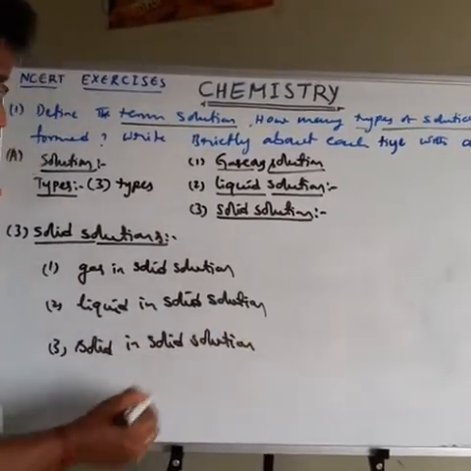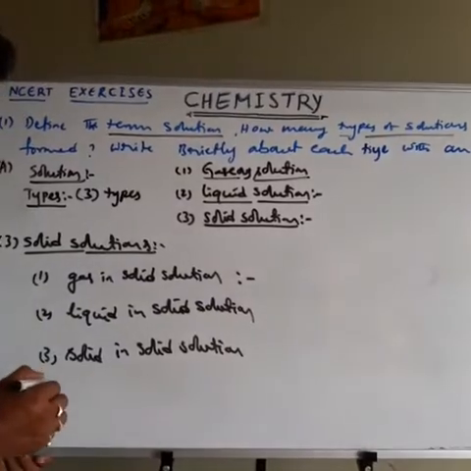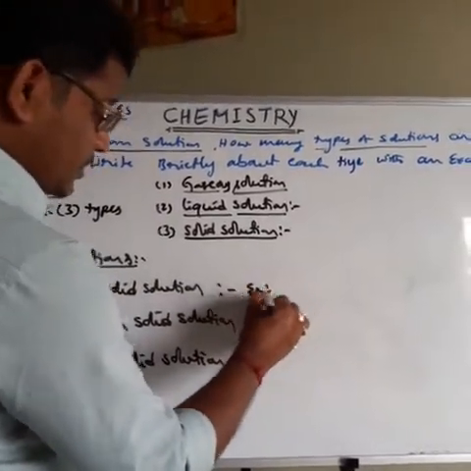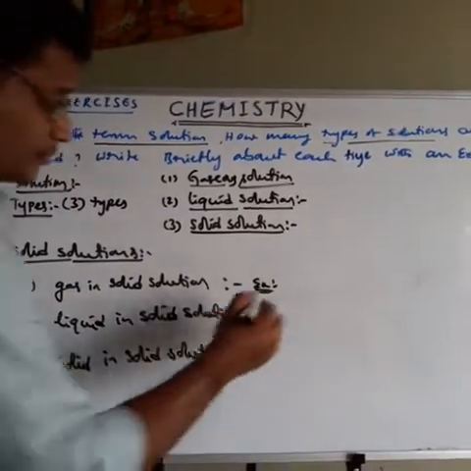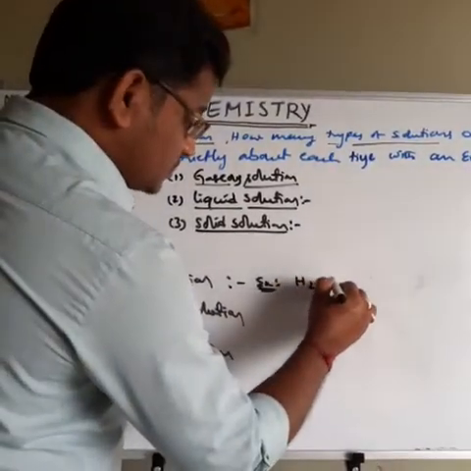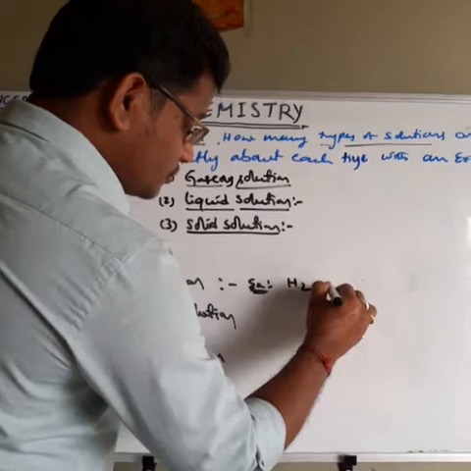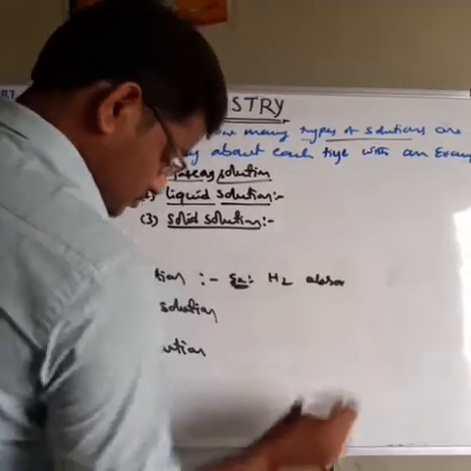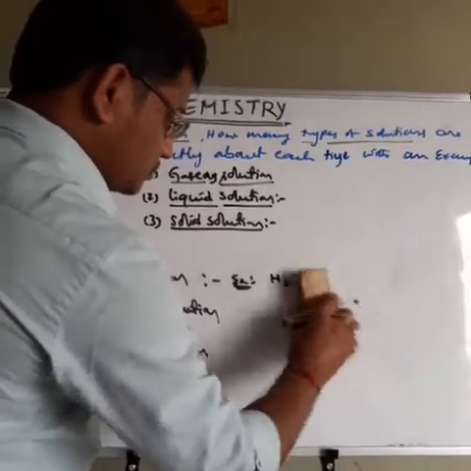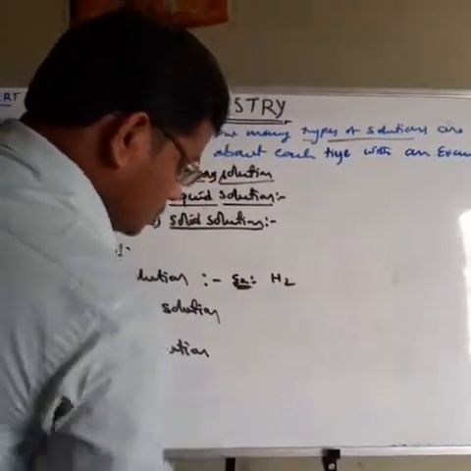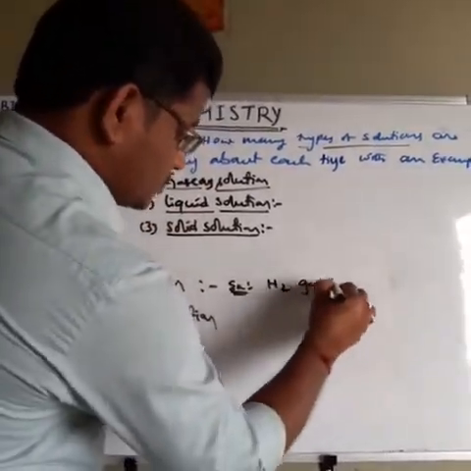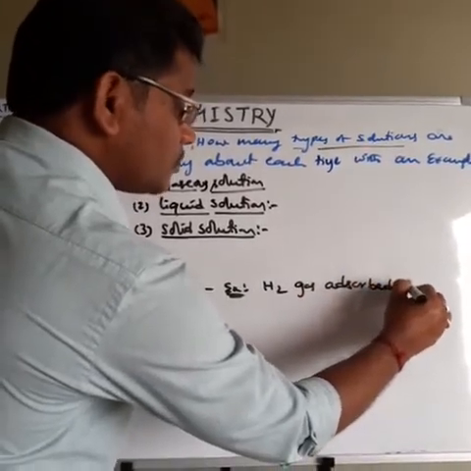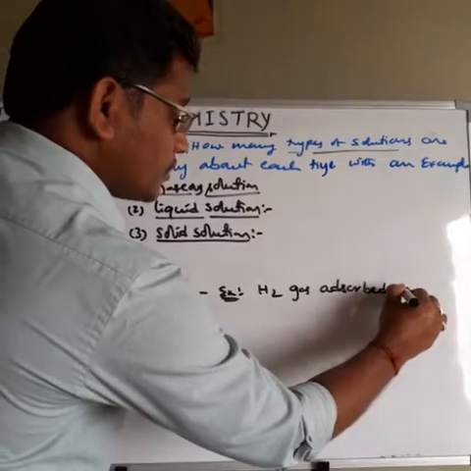Let us see the first one, an example of gas in solid type solution: hydrogen gas absorbed on platinum metal.